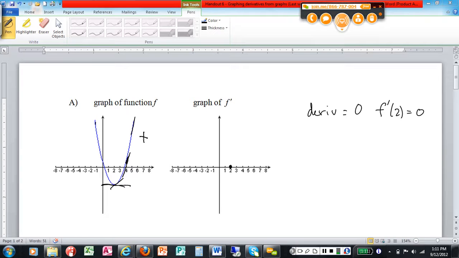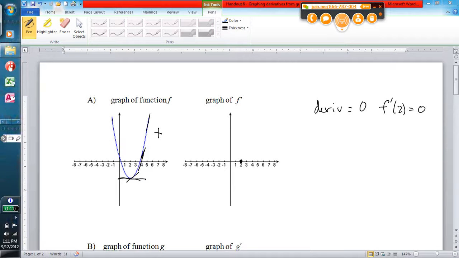So doesn't that mean f prime then, there we go, f prime on the right here, starting at 2 there. On the right side of 2, the derivative is positive.